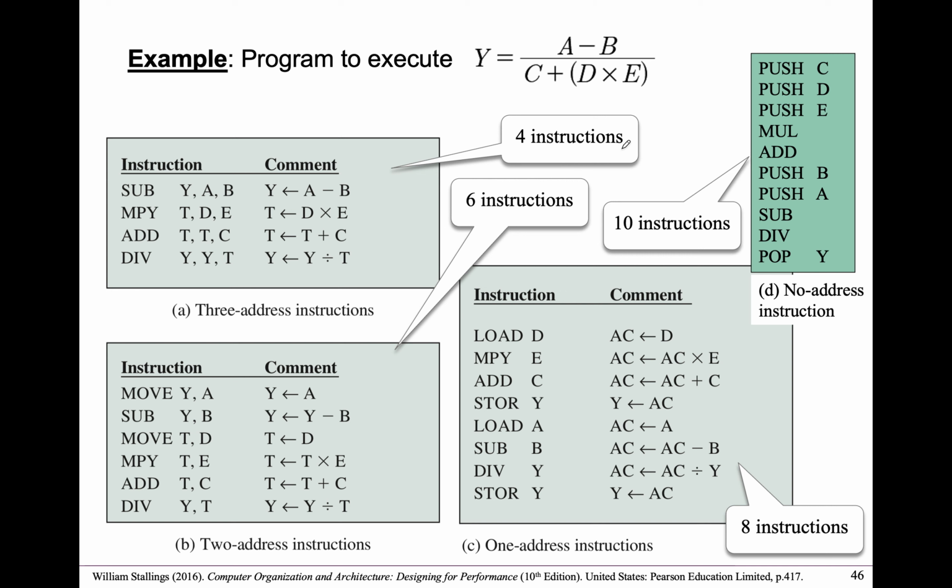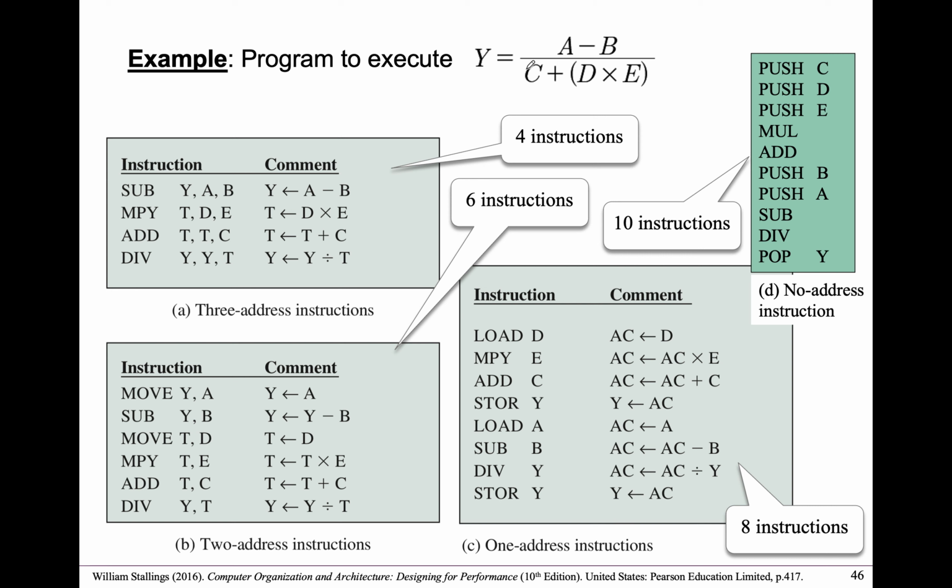If you have the mathematical form, of course you need to do the bracket first, and then after that the multiplication or division, and after that the lower priority is plus and also minus.